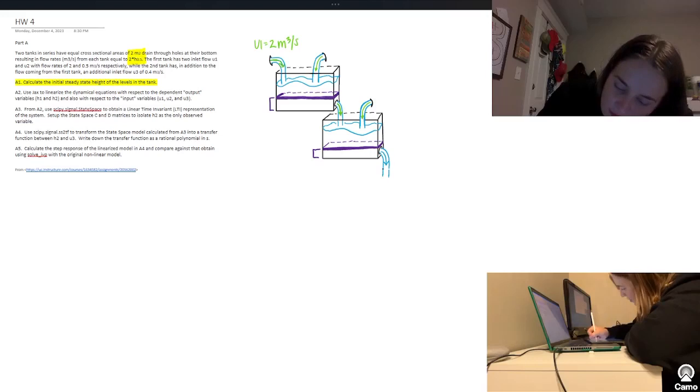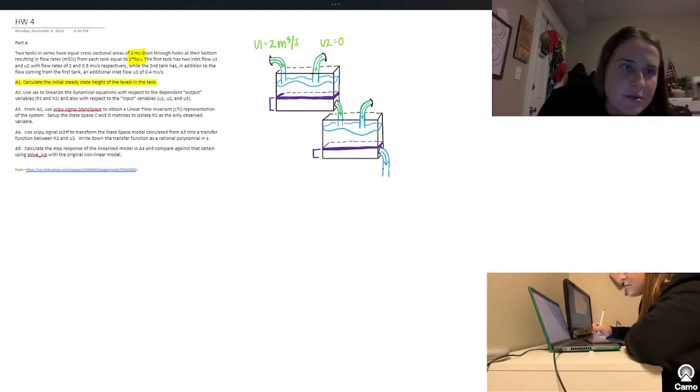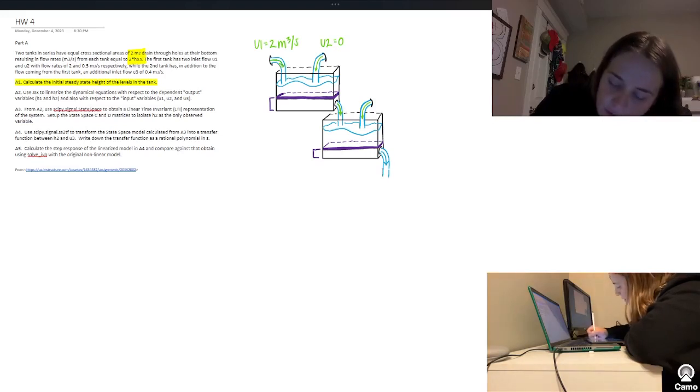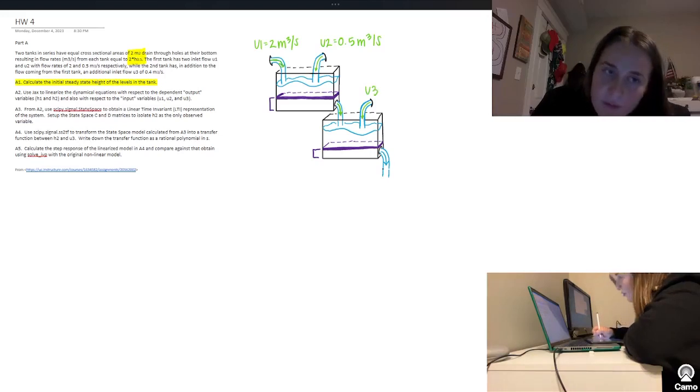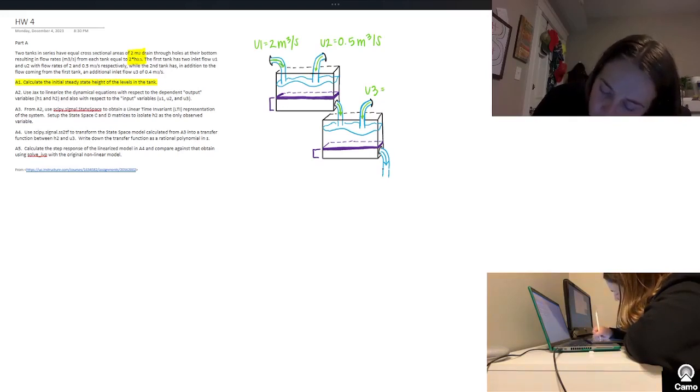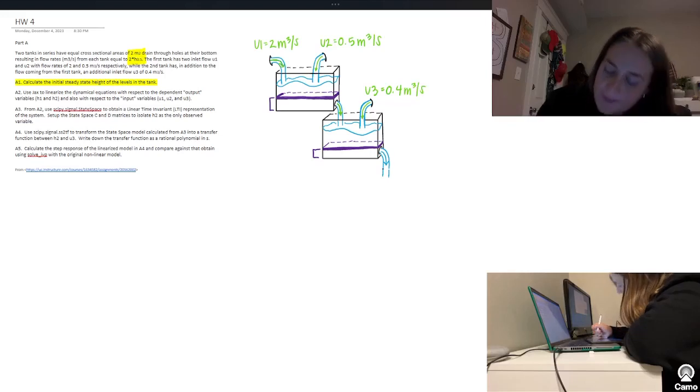This is U2, and it is equal to 0.5 meters cubed per second. And then down here we have U3, which is equal to 0.4 meters cubed per second.